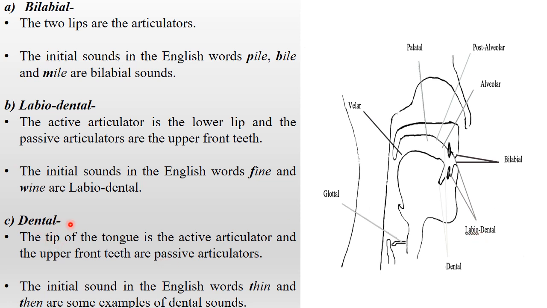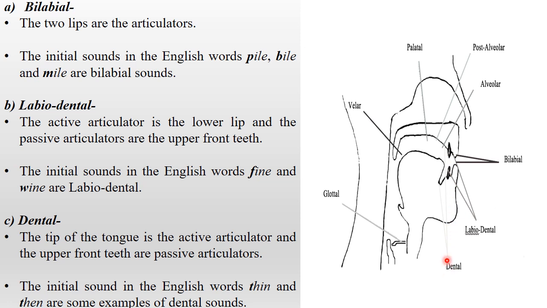Next is dental sound. The tip of the tongue is the active articulator and the upper front teeth are the passive articulators. The initial sounds in the English words thin and then are examples of dental sounds. So in case of labiodental, it was the lower lip and upper front teeth.